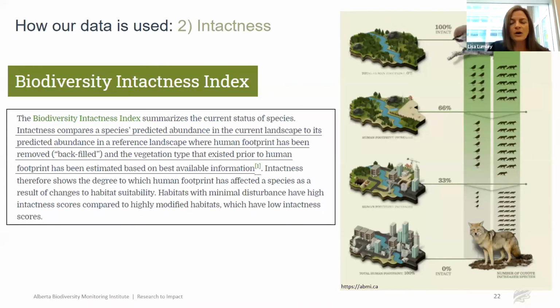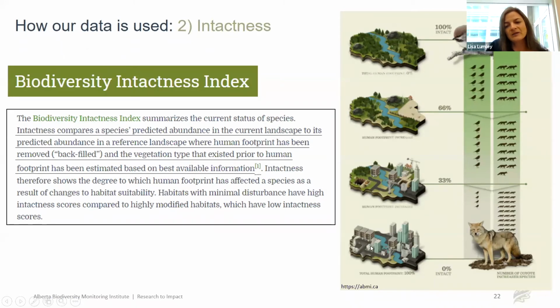So a lot of the work that's been done by ABMI to date has been to look at intactness of the province. What this does is summarize the current status of species. If we look at natural habitats that don't have any disturbance, we're going to find a high number of decreaser species and a low level of increaser species.